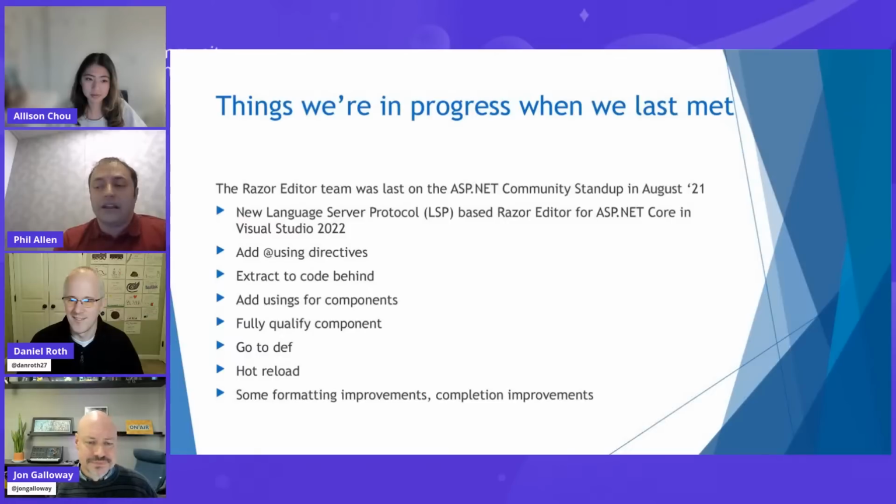So LSP allows us to abstract away some portions that are language specific from portions of editing files that are language agnostic, so that teams that are really good at doing all those language agnostic things can make them really great and make them shared across all languages.